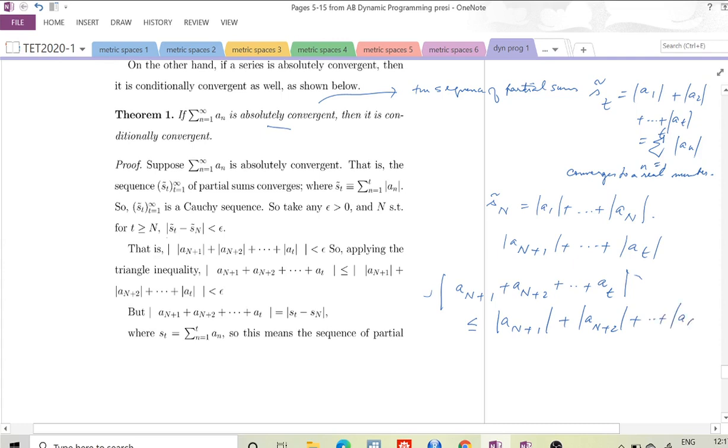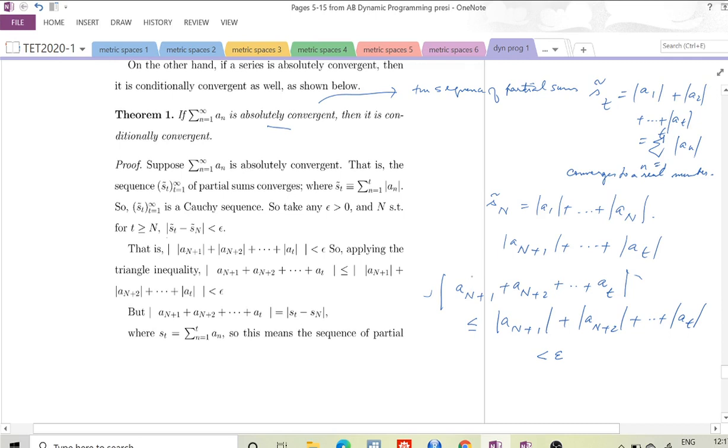For absolute values. I don't even need this outside absolute value here. You know that this is true. But we know that because the sequence of partial sums of the absolute value series is Cauchy convergent, this is less than epsilon. But that means that the absolute value of the sums from the original sequence, an plus 1 to at, is also less than epsilon.